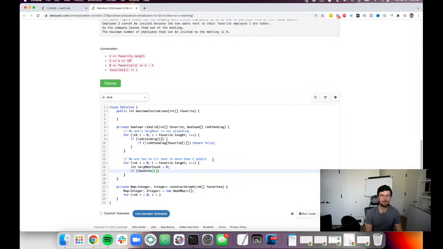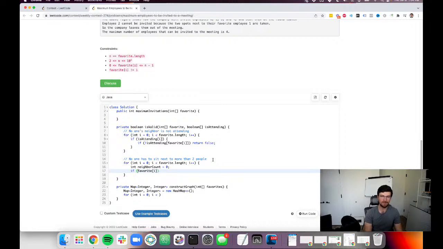So let's say if they're pointing to their favorite and their favorite is pointing back to them, then that only counts as 1 edge.